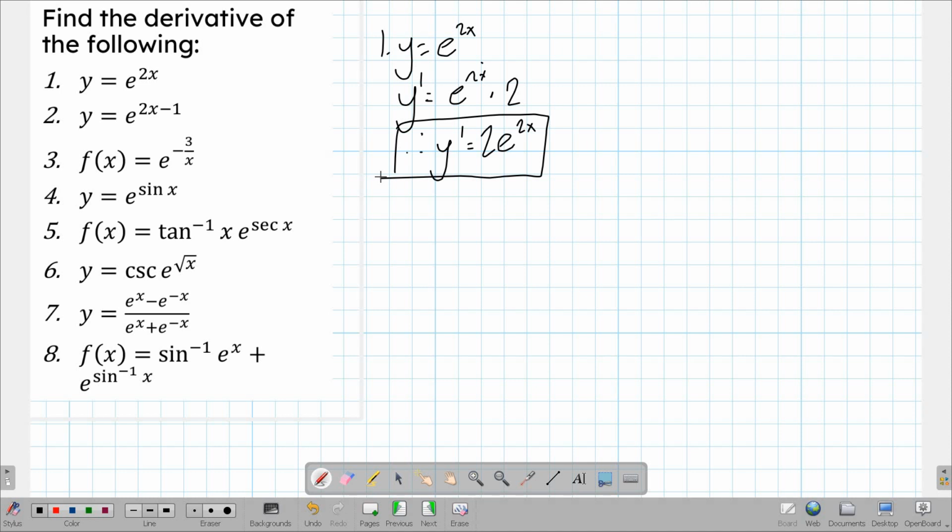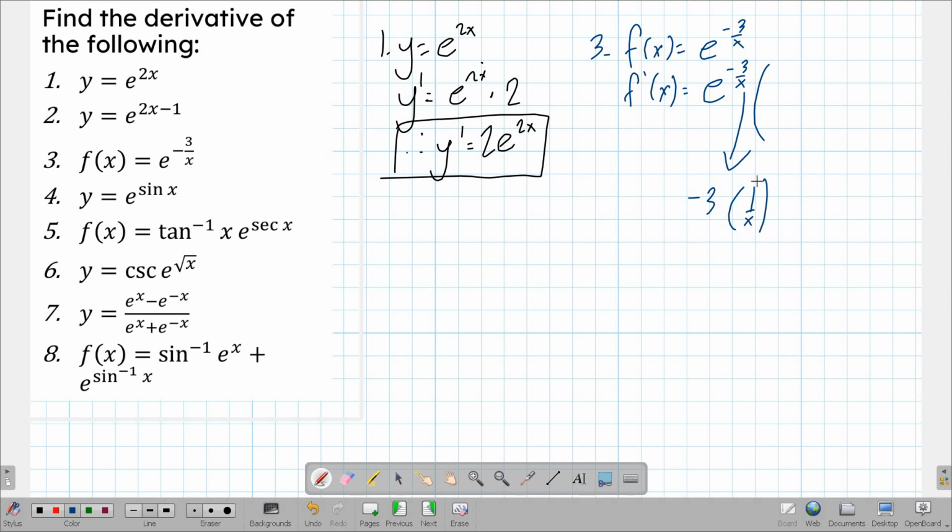Doing it again, this time let's do it for numbers 3 and 4. So let's do number 3 first. We have f of x is equal to e raised to negative 3 over x. So f prime of x is equal to e raised to negative 3 over x times the derivative of negative 3 over x, which is negative 3 times the derivative of 1 over x, that's negative 3 times negative 1 over x squared.